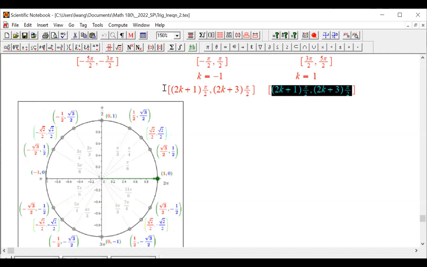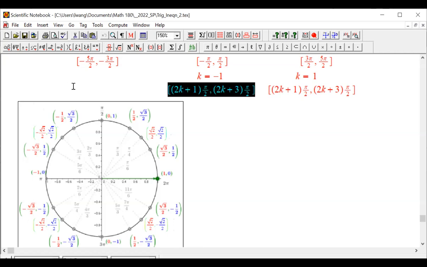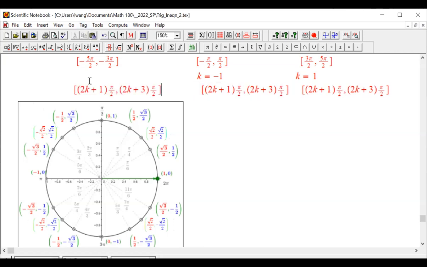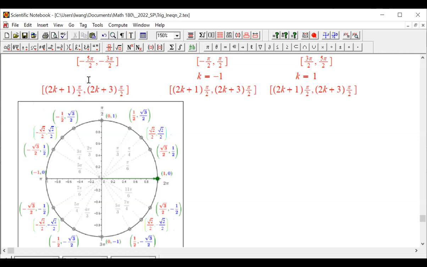But how about this pattern? What should k be? We're going to make it k equals -2. But this way, when k equals 0, it wouldn't do it. So when we specify the k, it certainly worked for this case, right?